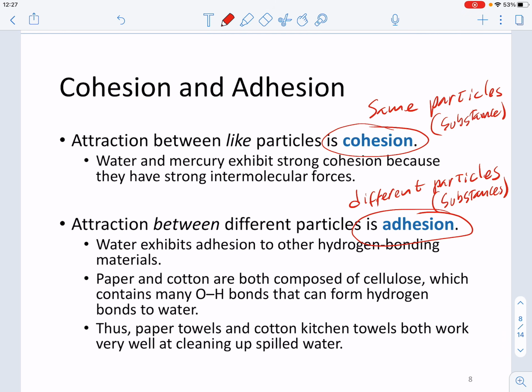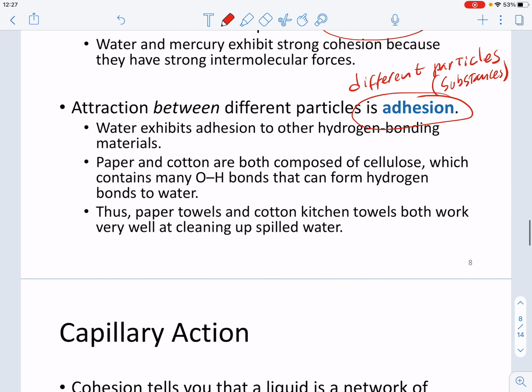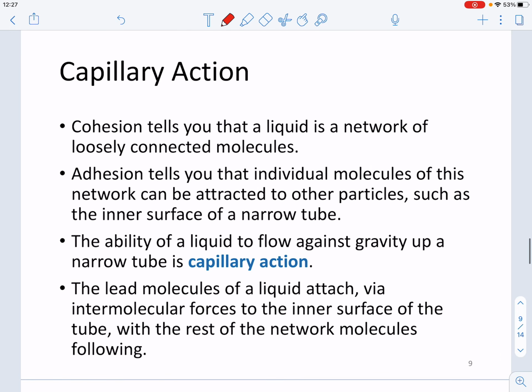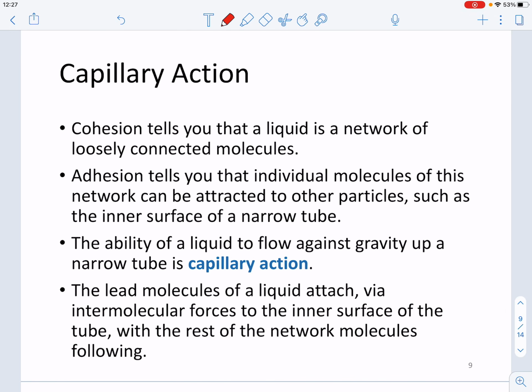It's just how these molecules are interacting, and we need to define this because now we are talking about capillary action, and capillary action basically is the ability of a liquid to travel against gravity. Remember, gravity makes everything fall down, right? Everything that goes up has to come down.